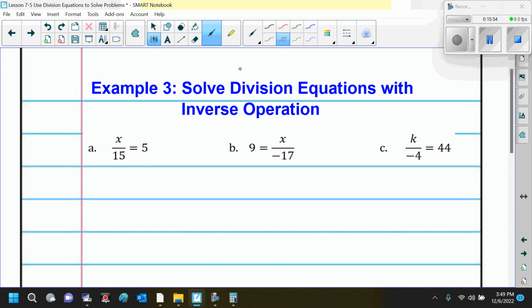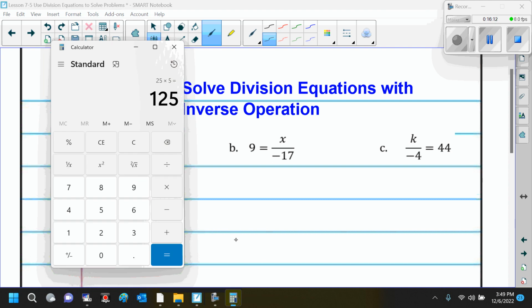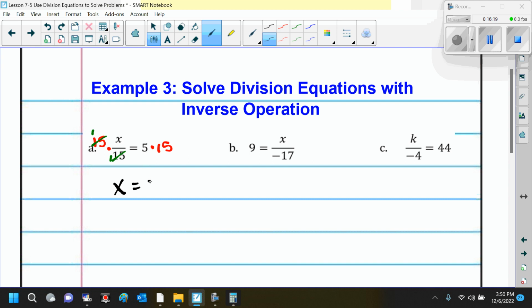In order to get rid of that 15, we're going to multiply times 15 on both sides. So here, that 15 and that 15 simplify to 1. So we have 1 times x is equal to x. And then we've got 5 times 15, which is equal to 75. Very good.